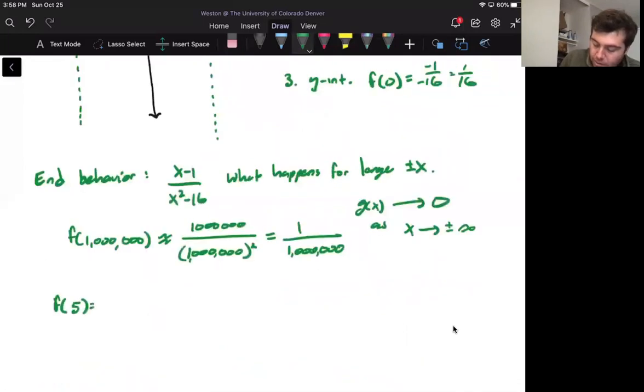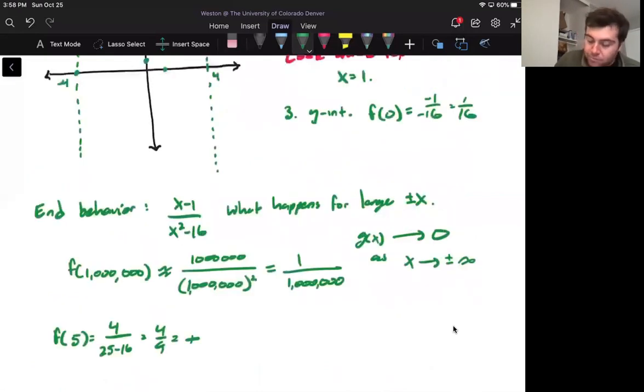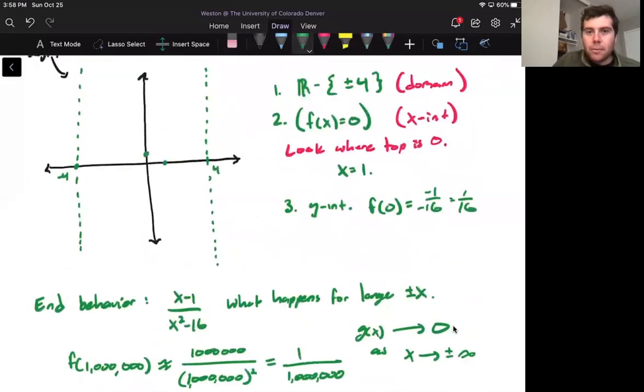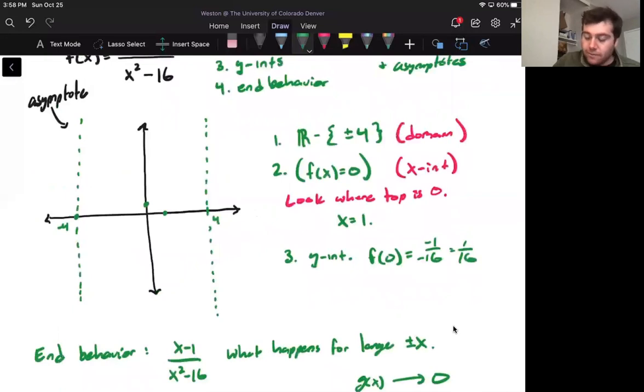5, we get 4 over 25 minus 16. That's 4/9, which is a positive number. So the same way we discussed this with polynomials, we know that we're going to be positive and also approaching 0. So our graph looks something like this blue line, just headed to 0.